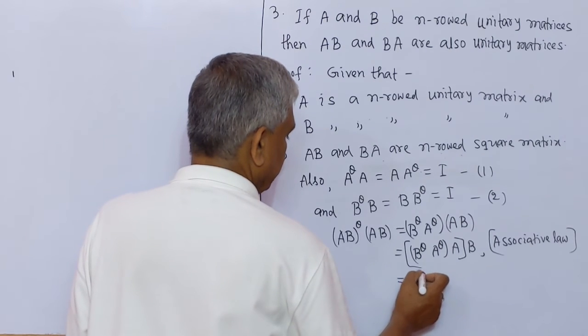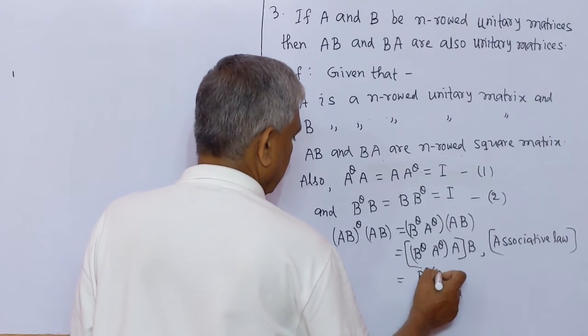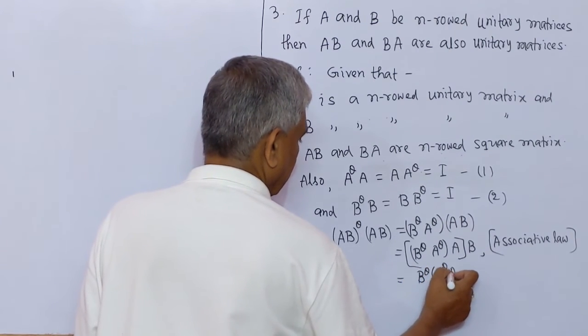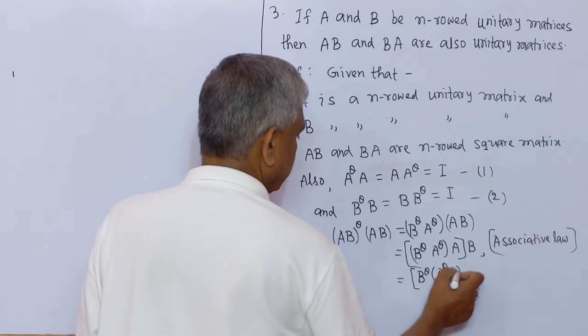This is equal to B theta A theta A B, again associative law.